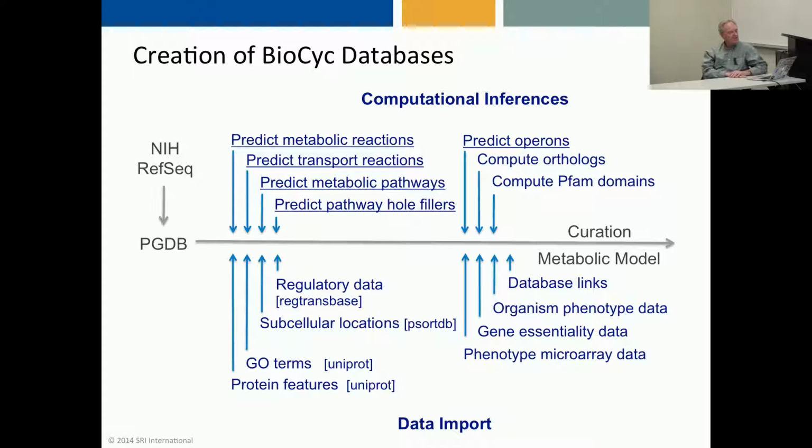So in more detail, how do we actually create a BioCyc database? Well, this is the basic set of operations that happen. We start by obtaining a sequenced genome from the NIH GenBank database, or more specifically, the RefSeq portion of GenBank.